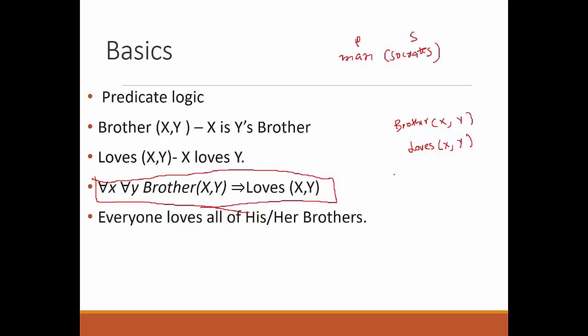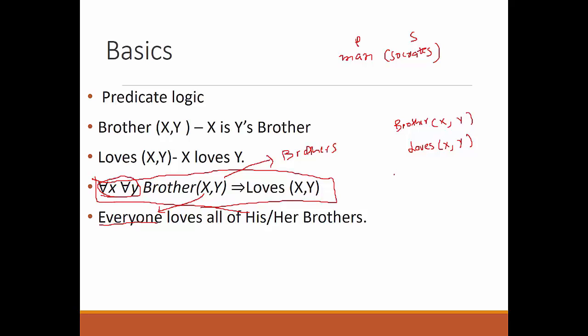The reason we are going to have the universal quantifier here, on X and Y, is because everyone means every person, which will be represented by this X variable, loves all of his or her brothers. So Y represents the brothers.